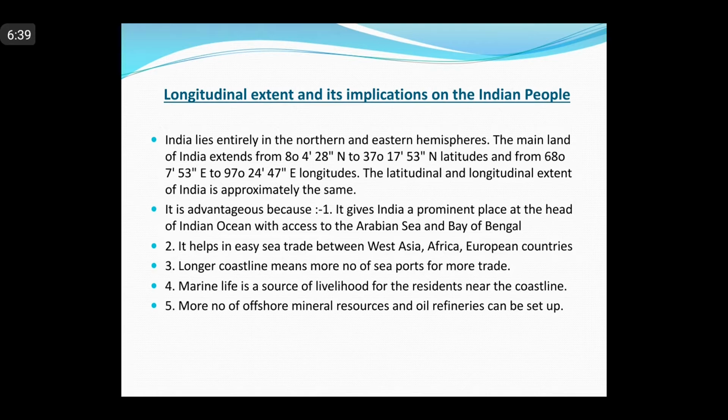Then marine life is a source of livelihood for the residents near the coastline, I mean farming and extracting minerals, and the people who live on the coastline, their livelihood runs on this basis. More offshore mineral resources and oil refineries can also be set up.